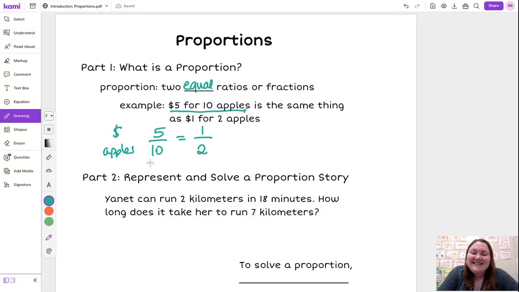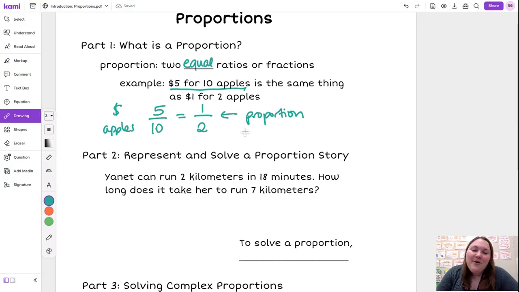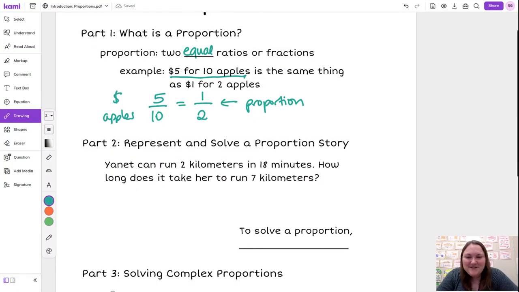I can say this is a proportional relationship, or this right here, when it's an equation, is a proportion. So you can think of a proportion as a type of equation, specifically an equation where you see a fraction equal to a fraction.